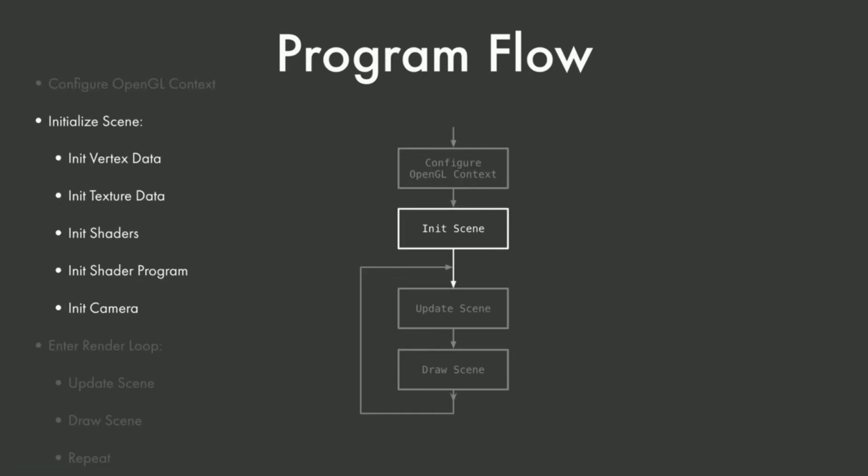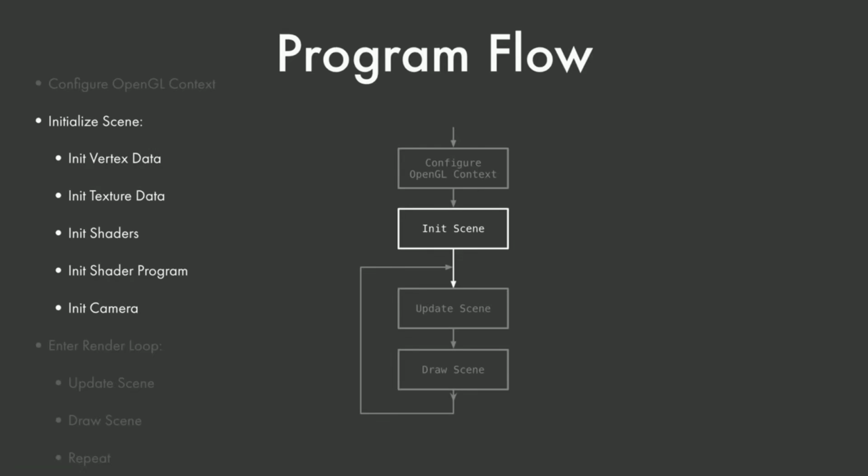You need to initialize your geometry data as vertex data. You need to initialize your color material as texture data. You need to initialize your vertex shader and fragment shader. Those two then get linked together into a shader program. And then you usually also want to initialize some kind of camera, which you can use to control from which point you're looking at your scene and manipulate that later.